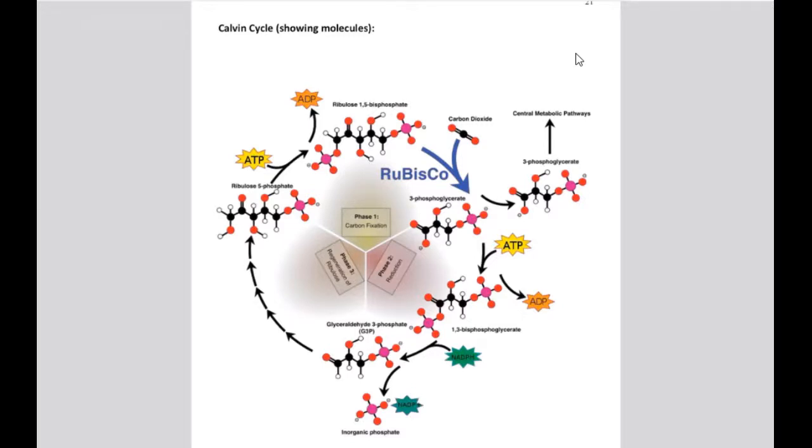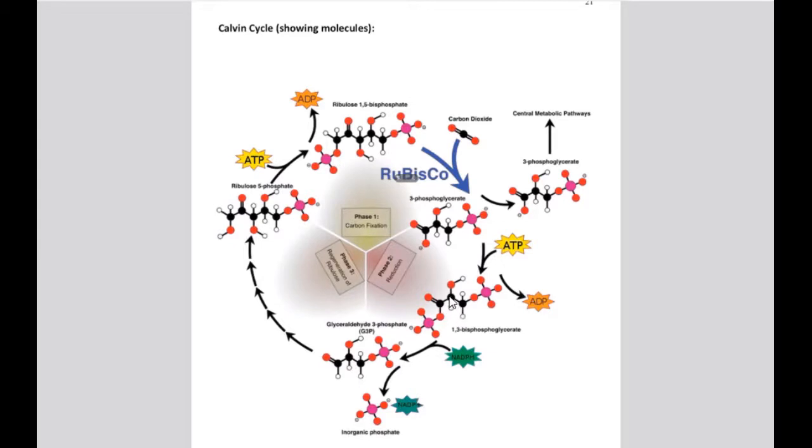So we have the RuBP at the top, fixed to the carbon dioxide, or I should say the carbon dioxide is fixed to the RuBP. Then we rearrange. Notice that we've made 2 of these guys, 2 of the 3-PGAs. Then we use our ATP to add a phosphate. We make 1,3-BPG. Use the NADPH to destabilize and rearrange some stuff.